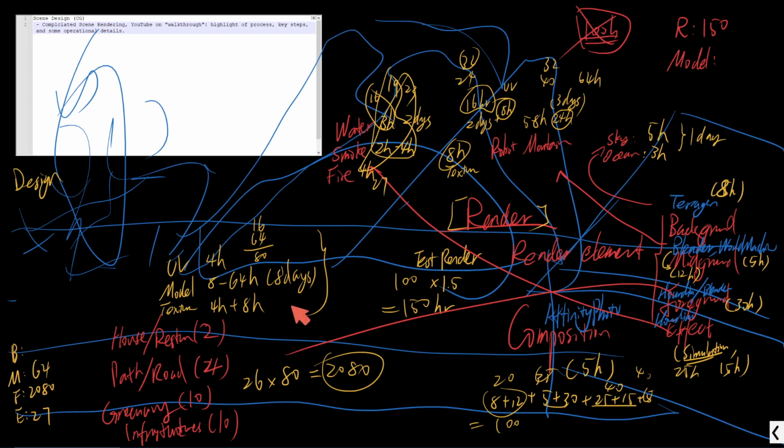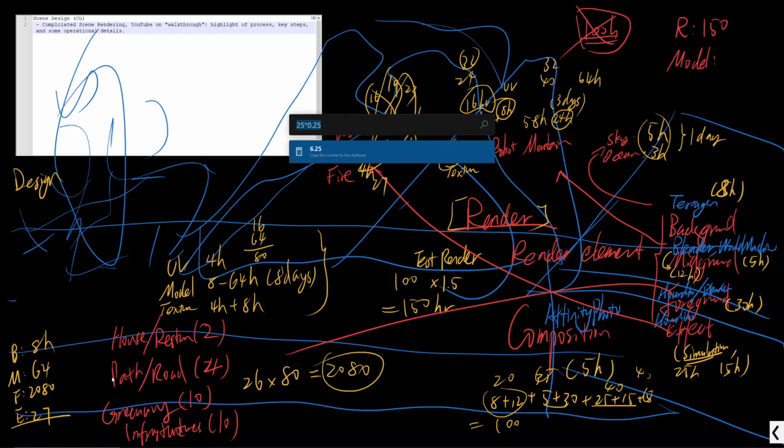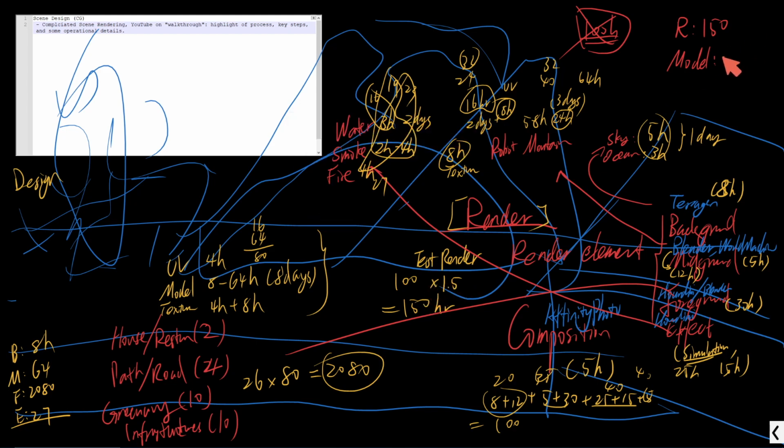And the background should be the part that takes less time. This is just 1 day, which is 8 hours, and that gives us a total of 2179. 2179.